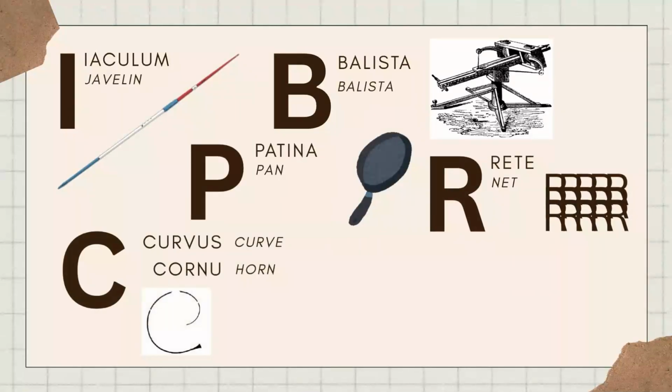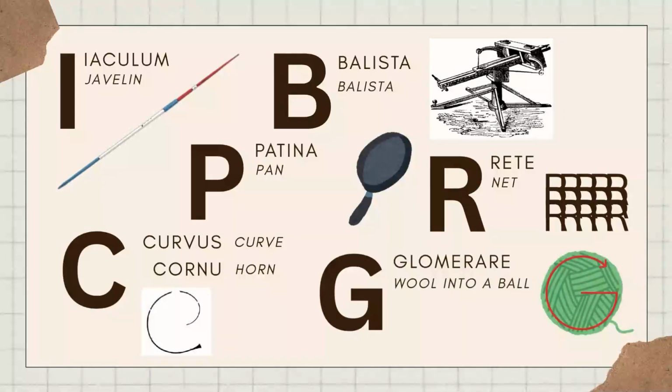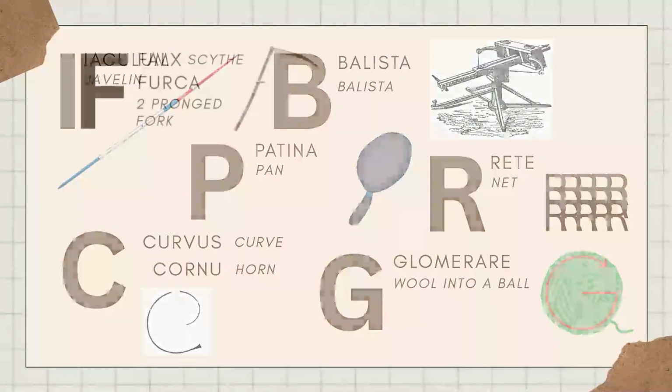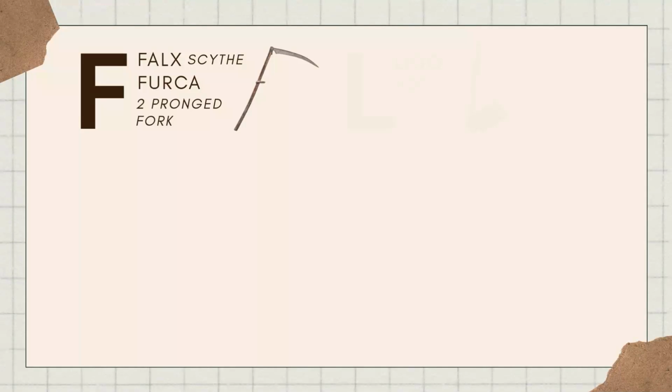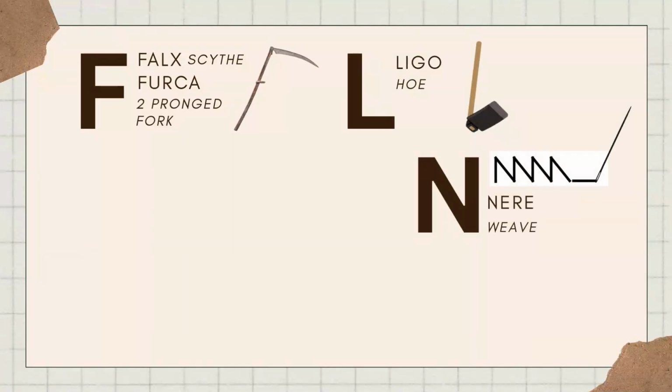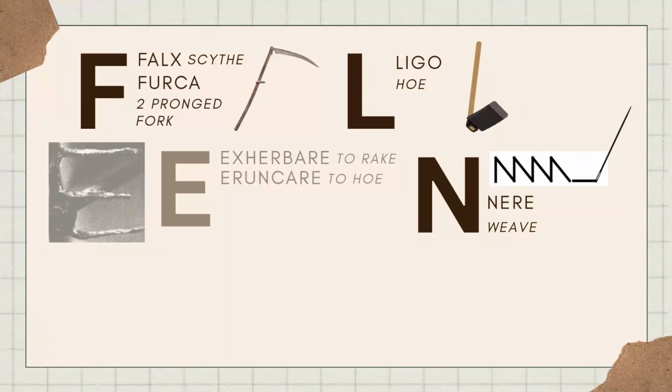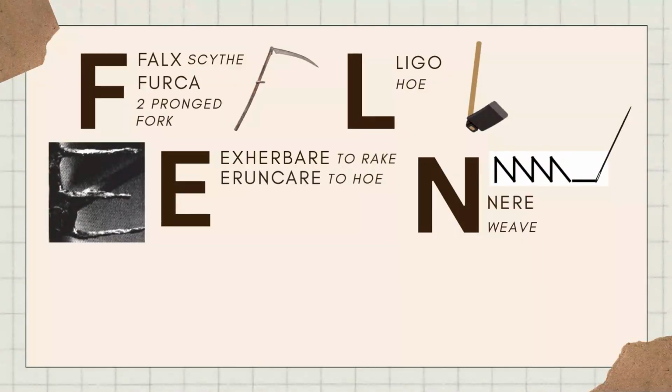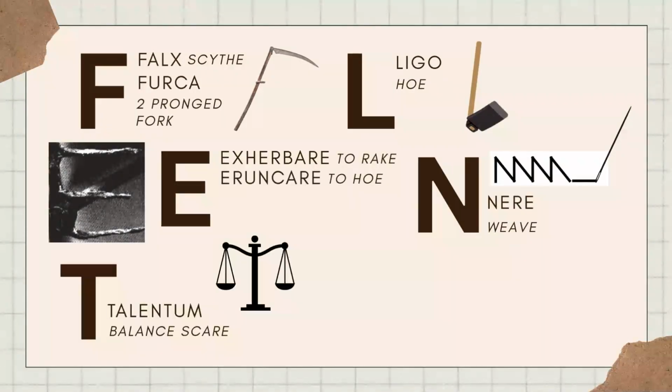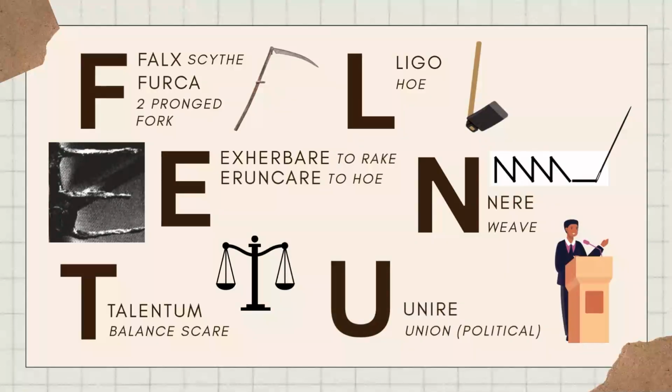C is a curve of a forged object, or a horn. G relates to the coiling of wool into a ball. F could be a sickle or a fork. L, shaped like a right angle, is a hoe. N recalls a woven pattern. E, a rake or a hoeing motion. T is a balance scale, used in justice or trade. And U, once more, represents unity, perhaps in politics.